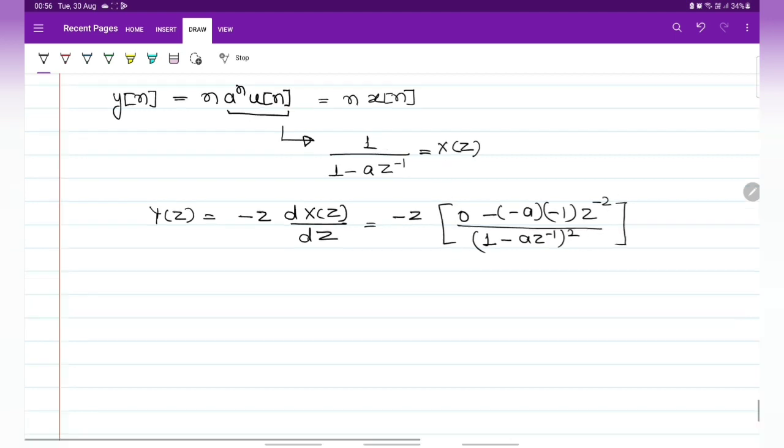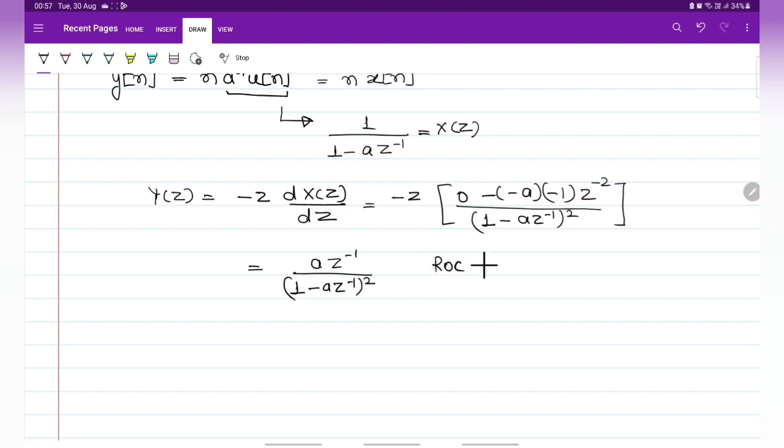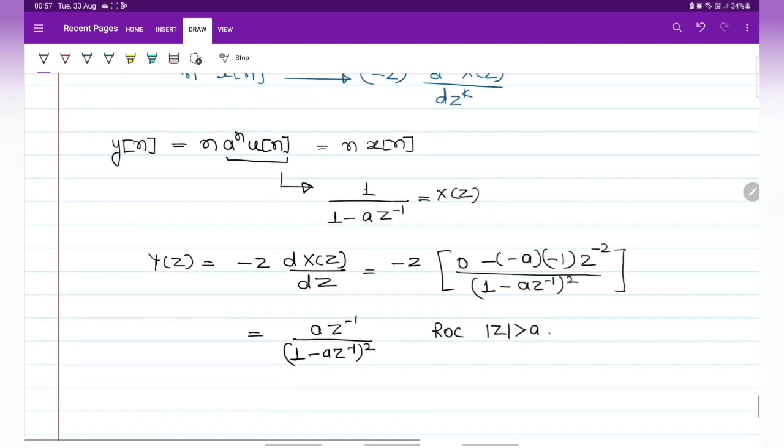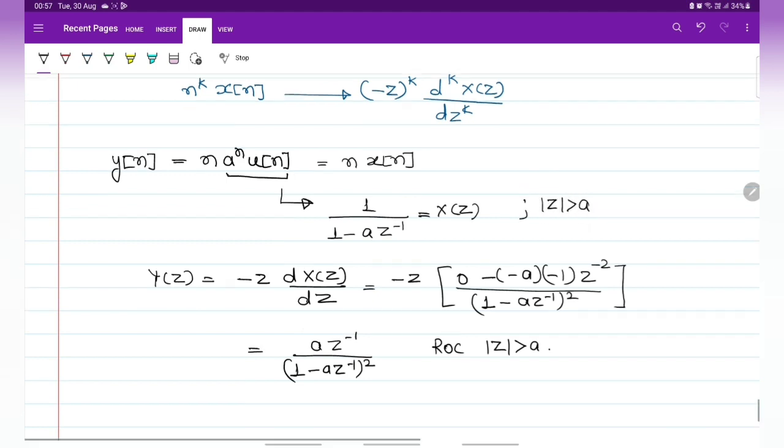This is u by v differentiation. Now this can be written as, if you multiply this term, you will get a z inverse divided by 1 minus a z inverse whole square. Okay, and what will be the ROC? That will be greater than a. Okay, because ROC doesn't change here. So what is the ROC for this one? Mod z is greater than a. Okay.